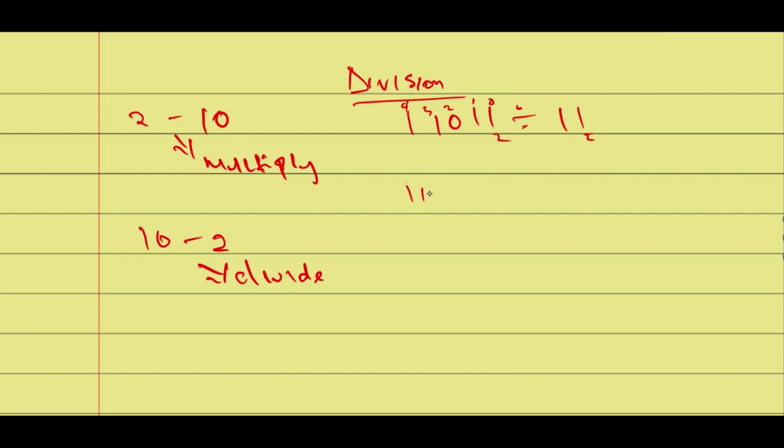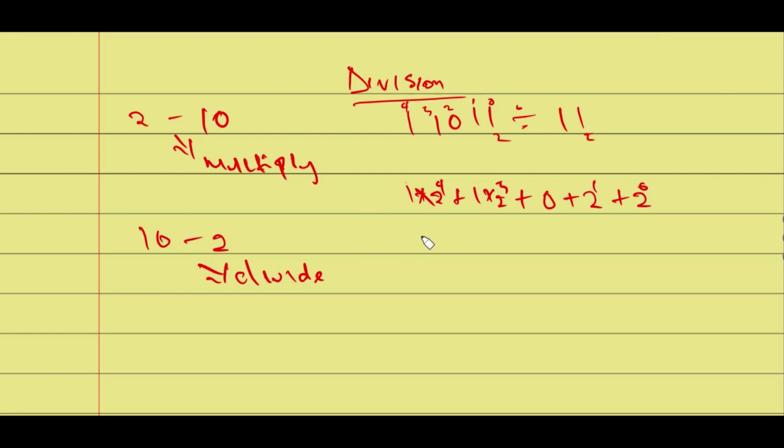So that means we're going to have 1 times 2 to the power of 4 plus 1 times 2 to the power of 3. Then 0, plus 2 to the power of 1 and plus 2 to the power of 0.